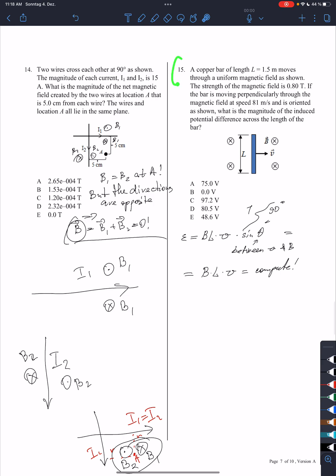Number 15, I will let you read it. It's an application of one single equation, which is the motional EMF.